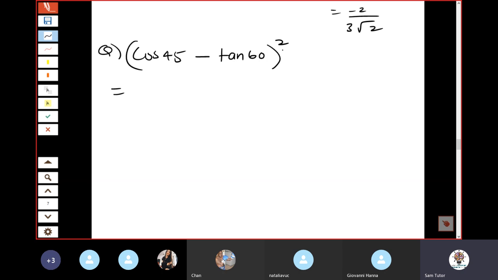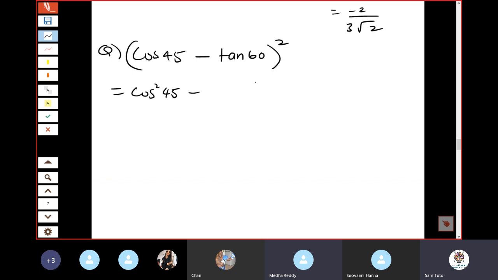What would you do when you see this squared? What's your first thing to do? Is it cos squared 45? Correct. Yep, next. Minus tan squared 60? Nope. Come on. Expanding a squared, 2 terms. You got to do it properly. What you said was not true. Anybody can help her out?